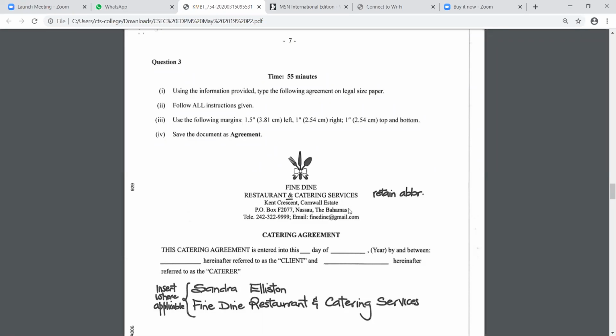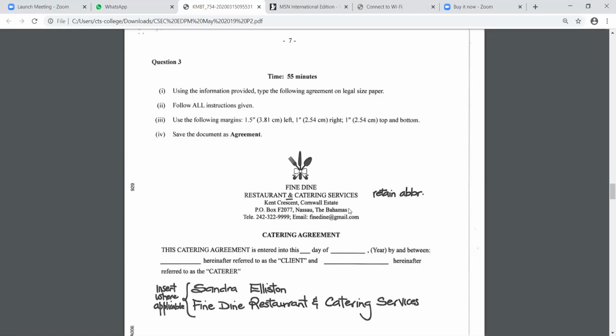Okay. So again, you notice that the question didn't tell you what formatting to use, right? But if you look at those words for fine dining, restaurant, catering services, all the contact information, what formatting is applied there? Caps and center.